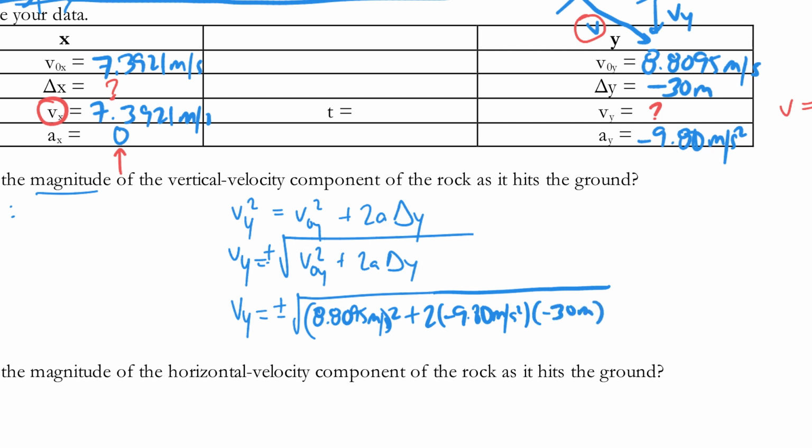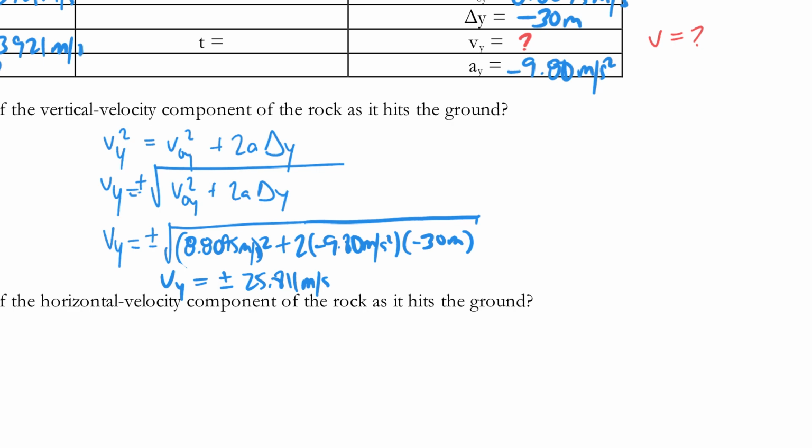Be very careful about that negative sign there. Let's erase that. Okay, Vy equals, well, I don't know, positive or negative 25.811 meters per second. So the number we'll use if we need it for another calculation is 25.811.